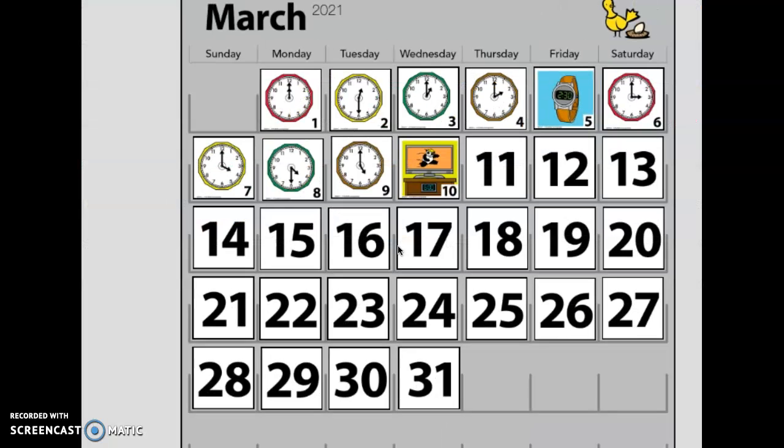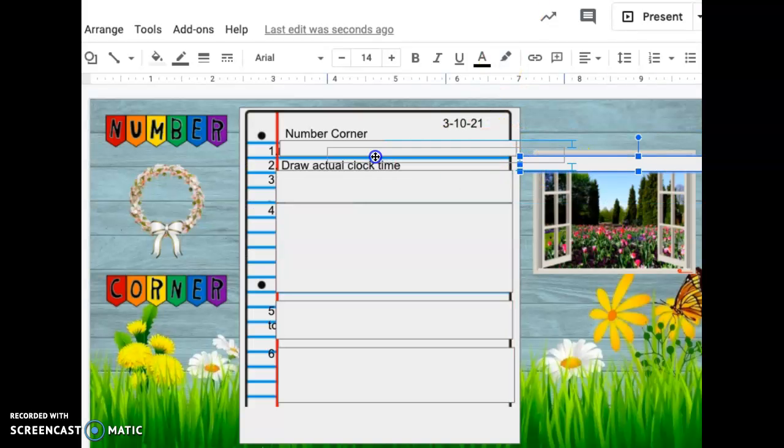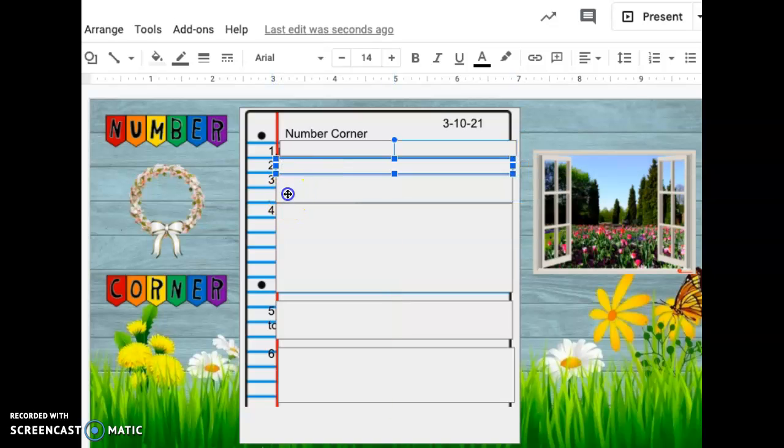Alrighty. So now that we have looked at the clock, again, press pause if you need more time to recreate that. We are moving on to number 3.